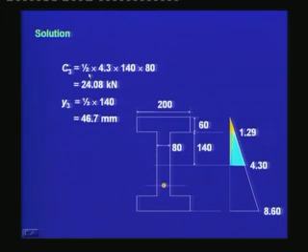C3 is equal to the area of the blue triangle, which is equal to half times 4.3 times the area of the web, which is 140 times 80, which gives us C3 is equal to 24.08 kilonewtons. Y3, the location of the centroid of the triangle, is 1/3 of 140, which is 46.7 millimeters.